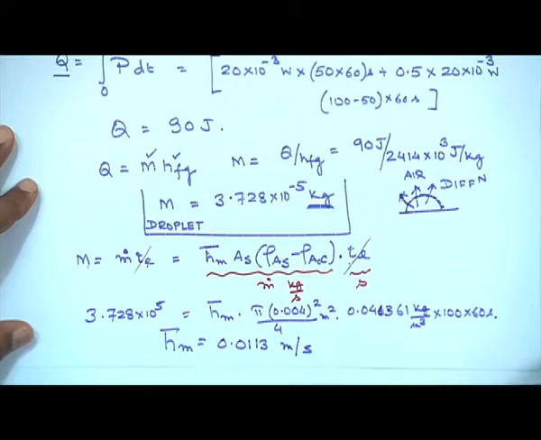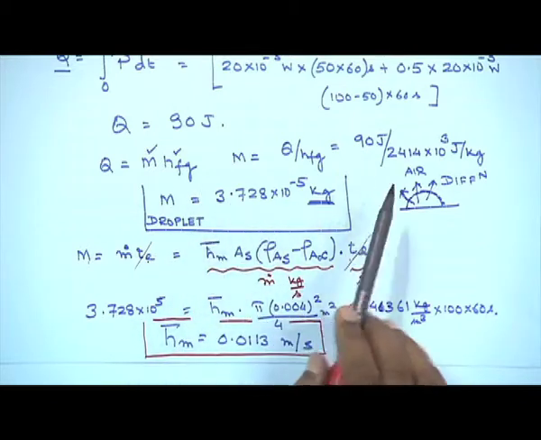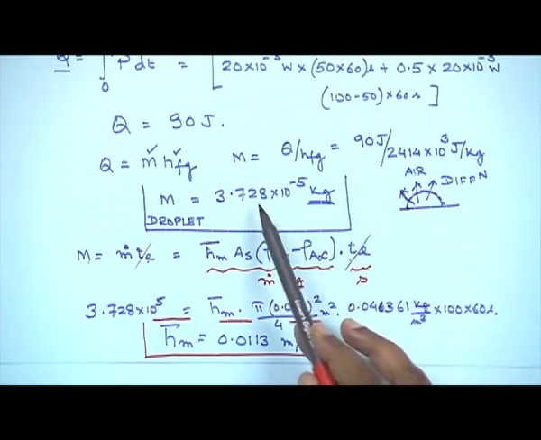per second. So, this gives you the total, the average value of the convective mass transfer coefficient. So, one more time, from the power history curve I calculate what is the mass of the droplet.